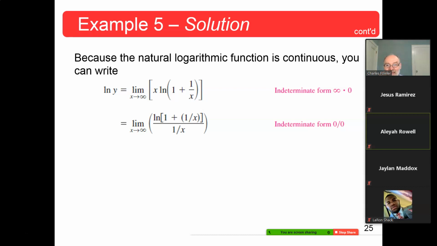Now, what do we have with this? As x is approaching infinity, this is going to 0. And this is going to 0. Well, 1 plus 0 is 1. Log of 1 is 0. So you're back to a L'Hopital's form. Okay?